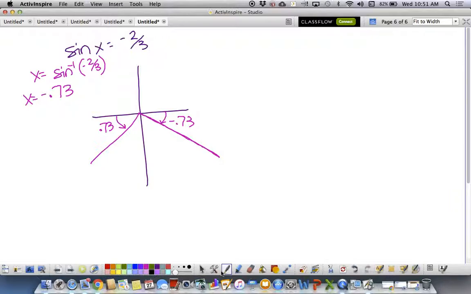So then what is the distance if I want to go from here to here is pi plus 0.73 more. Okay? So that's going to be an angle that's going this way. So I'm going to add pi, which was my 180 degrees, got me to that line, plus this reference angle more.